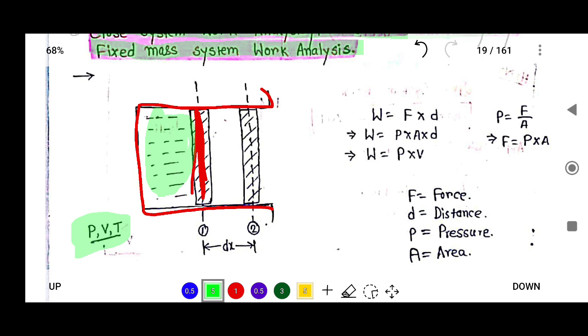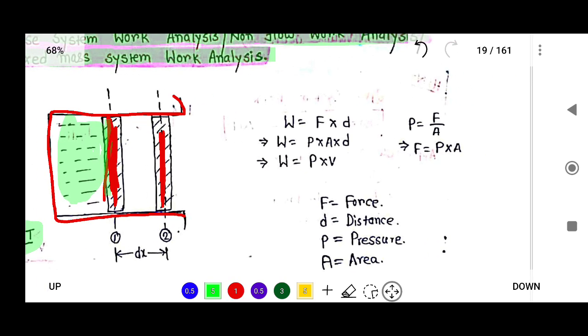Now this is the initial position, and if you transfer this piston from this position to position 2, then you have to do some work. If you want to calculate the work W, we know that W is equal to F into D, where F is the force and D is the distance.